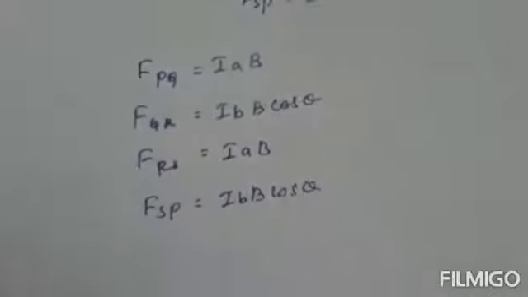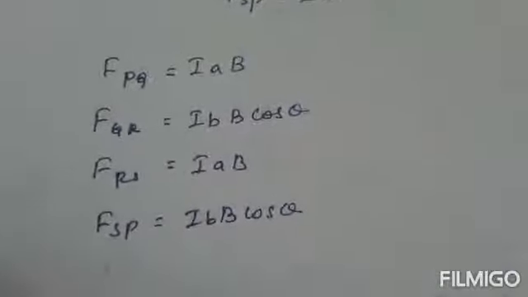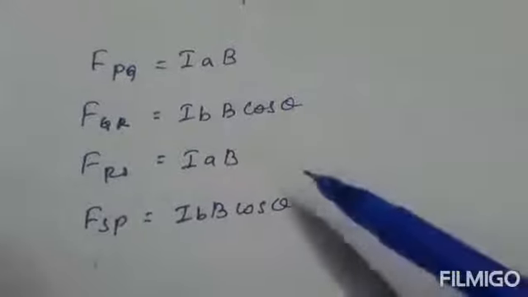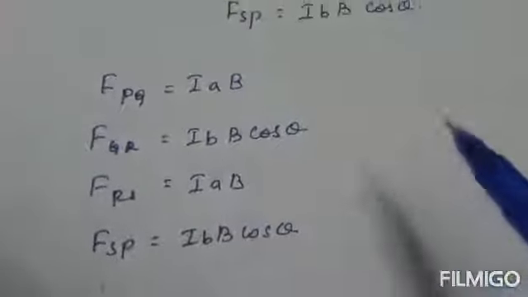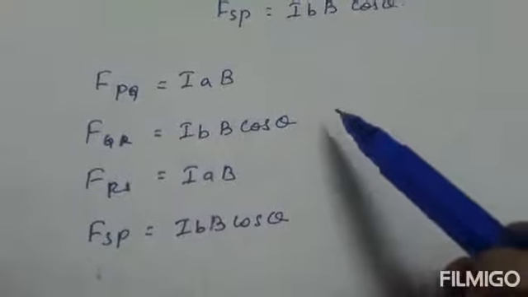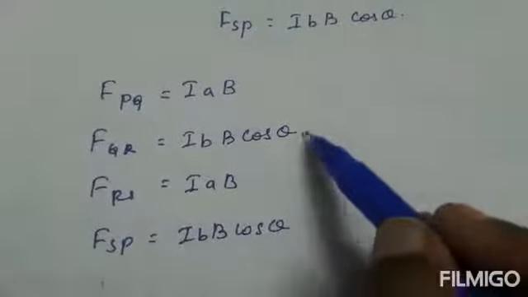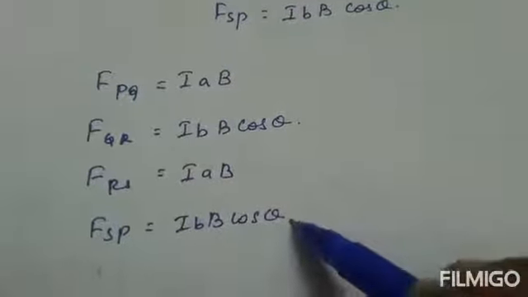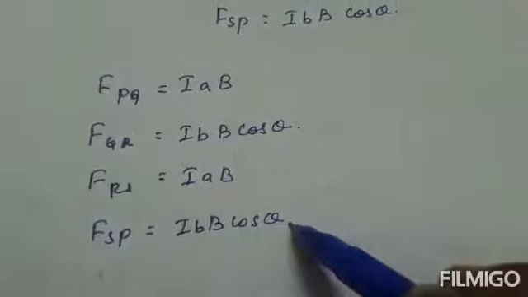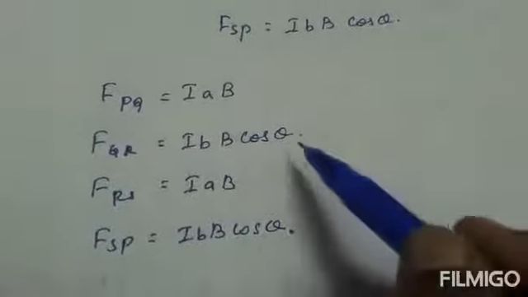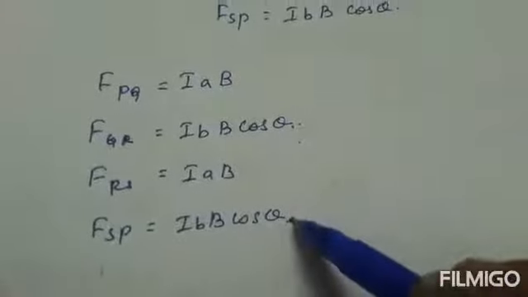So these are the magnitudes of the four forces acting on the loop. Now, which forces are equal? F_QR and F_SP are equal.